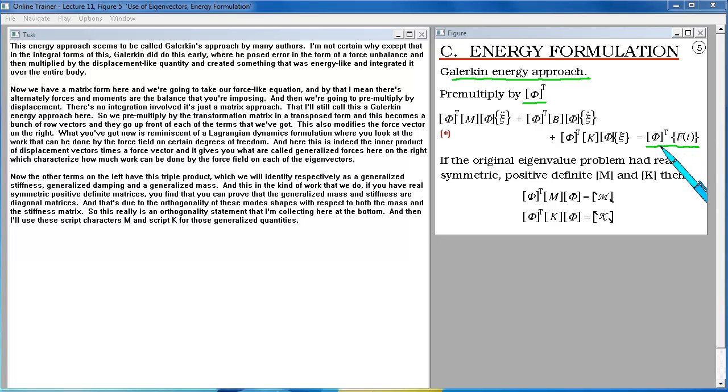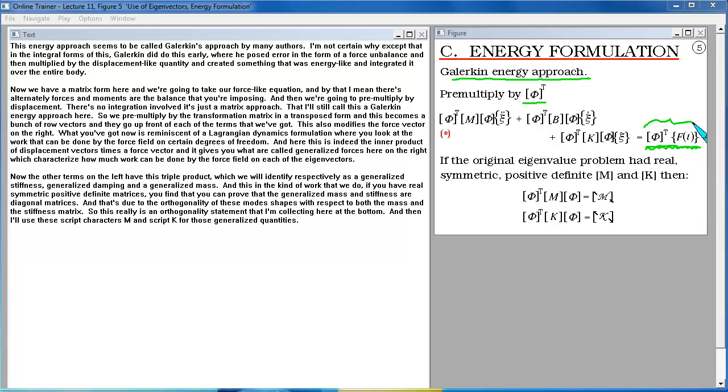And here, this is indeed the inner product of displacement vectors times a force vector, and it gives you what are called generalized forces here on the right, which characterize how much work can be done by the force field on each of the eigenvectors.